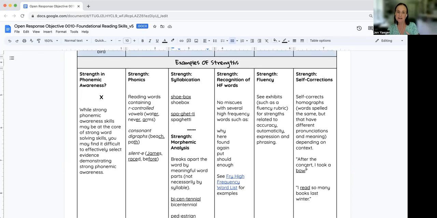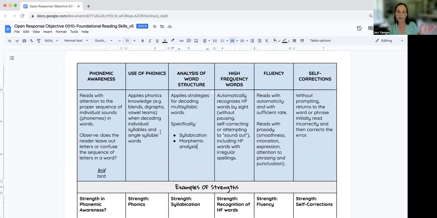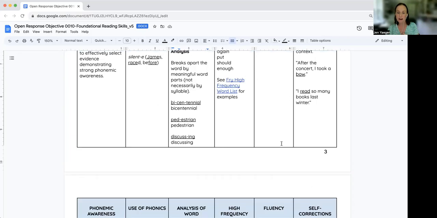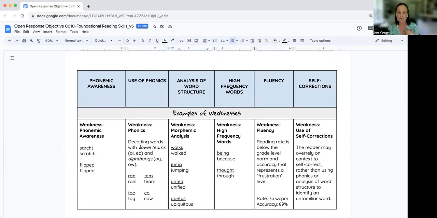So you'll see that I have shown you how you can make a chart by naming the skill across the top, examples of strengths underneath, and then you could do the same thing to look at places where the errors in the passage are a weakness, but by categorizing it under one of these categories again.